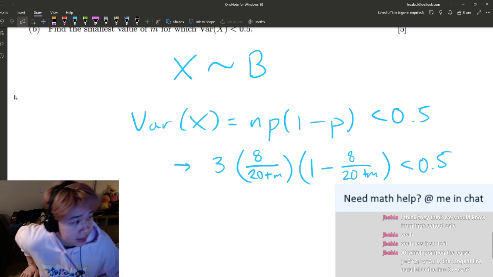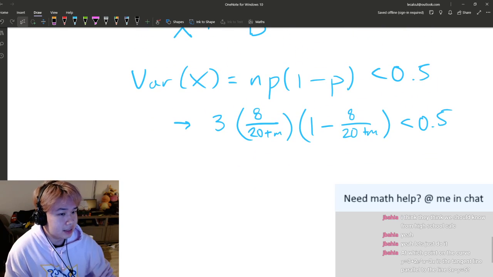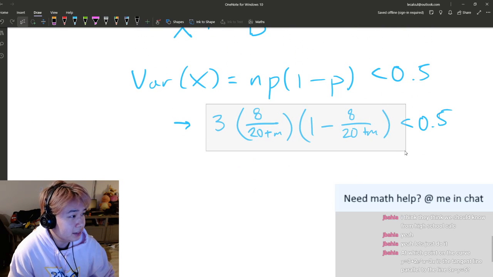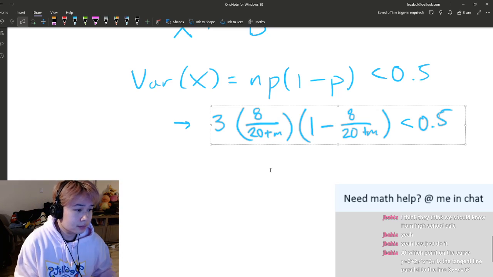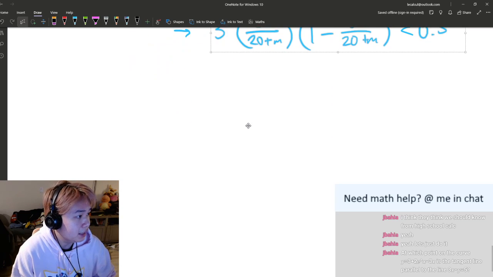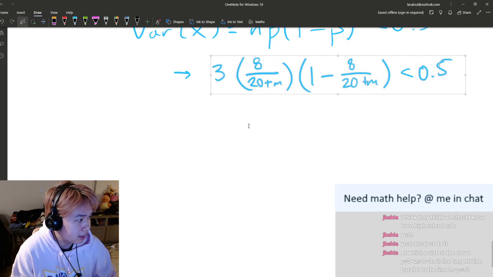Okay, easy enough to do. We can just graph this function and then find out when it's 0.5, and then just find the interval when it's less than 0.5. Okay, before I do that, Jazz has her third question.